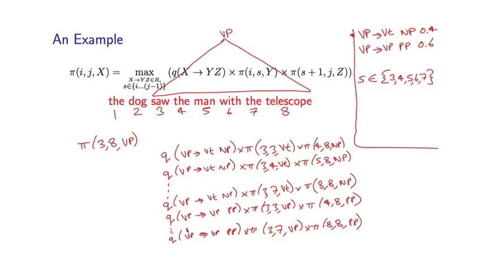Okay, so I'm going to search through all of these different possibilities. I'm going to search over all possible rule choices expanding VP, and I'm also going to search through all possible split points. So each of these products is going to have a different value, and I'll simply take my final value of pi of 3, 8, VP as the max of all these different values.